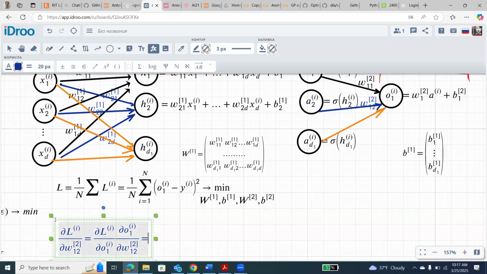So what is the first derivative? The first derivative will be just 2 times O minus y, without the square. What is the derivative of O with respect to W12?